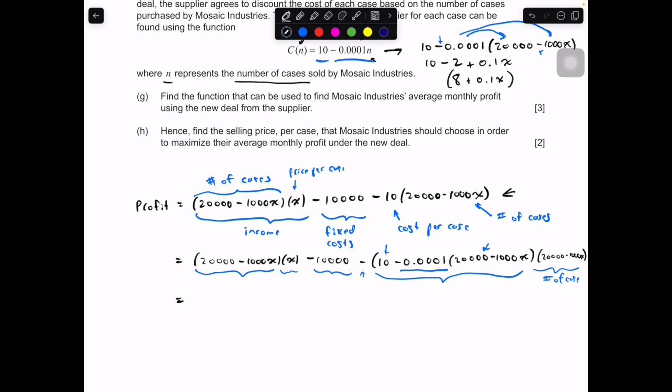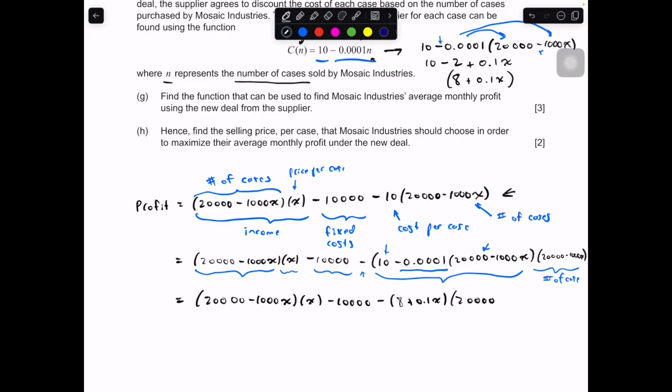So, this last question has taken quite a while. We could rewrite this if we wanted to. 20,000 minus 1,000x times x minus 10,000 minus, and this is our cost per case, 8 plus 0.1x, times the number of cases.